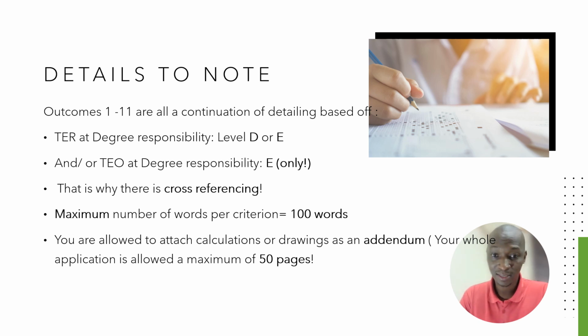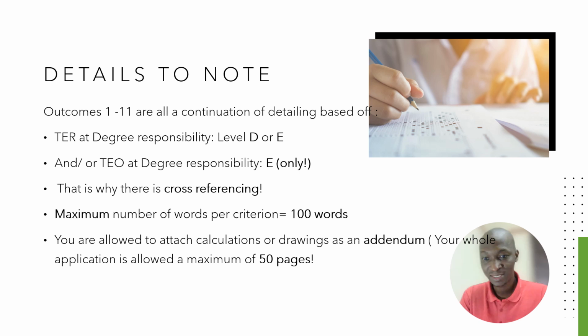For the TER, or the training and experience report, you have to look at reports which were at degree of responsibility level D or E. And for the TEO, or training, experience and outline, you have to look at degree of responsibility at level E and only E. Do you understand now that when we talk about cross-referencing, we're talking about two reports which talk to each other?